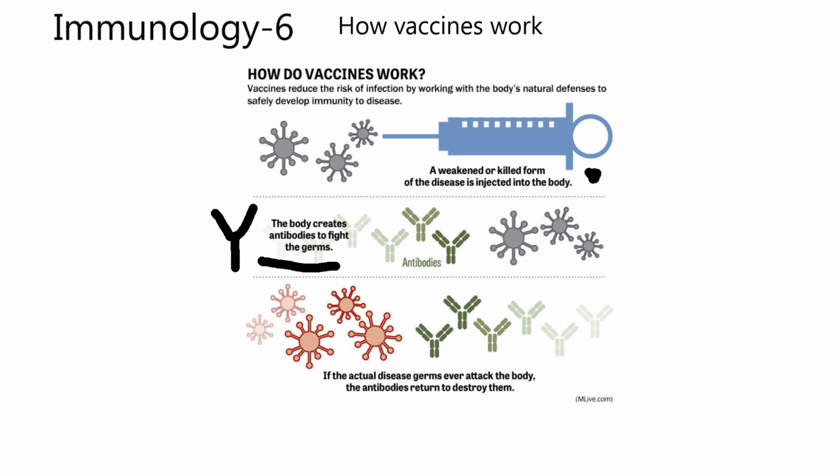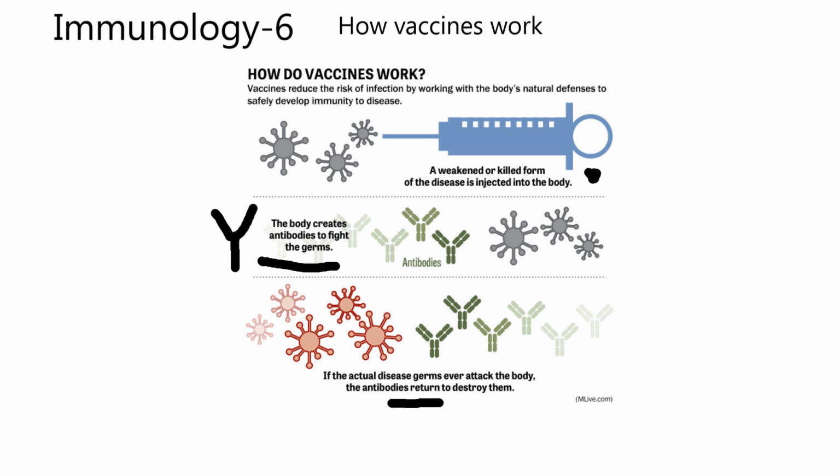Then in the bottom panel here, if the animal is ever exposed to the disease, like let's say rabies. We had a dog vaccinated for rabies, and then the animal tangles with a skunk. The dog fights a skunk, and the skunk has rabies. Then it says if the actual disease germs ever attack the body, the antibodies return to destroy them.